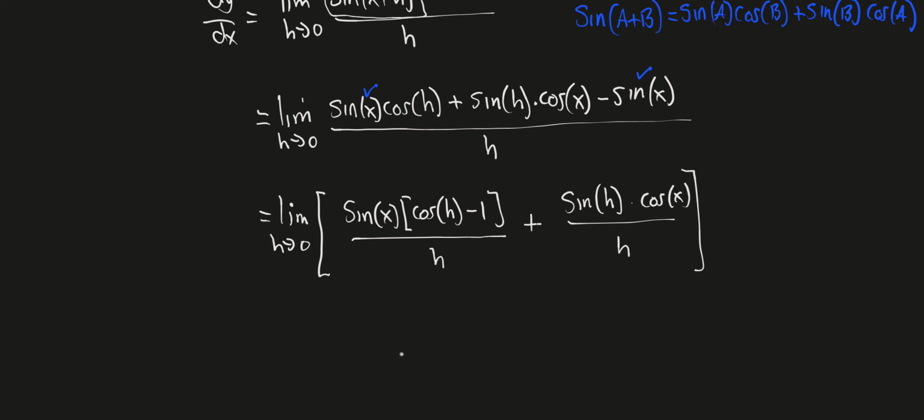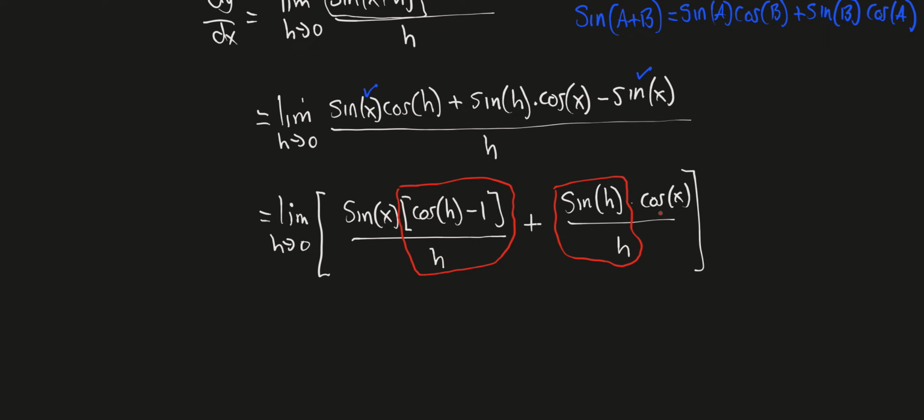And again, looking at this, I see those two important trigonometric limits. I see this one, and I see this one. And I know that they both exist, right? And look, the other two, like the sine x here, doesn't involve an h, so for the most part, this is unaffected by the limit.